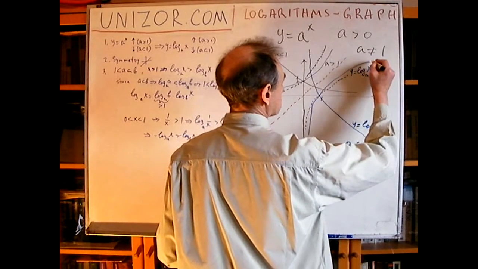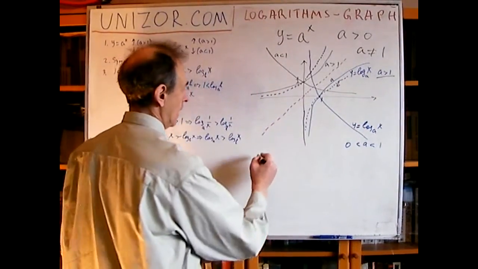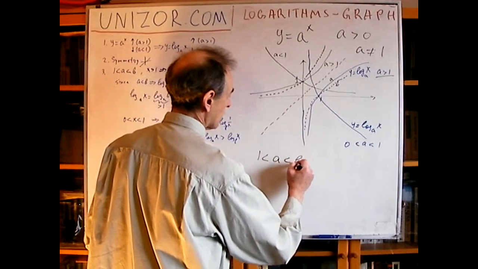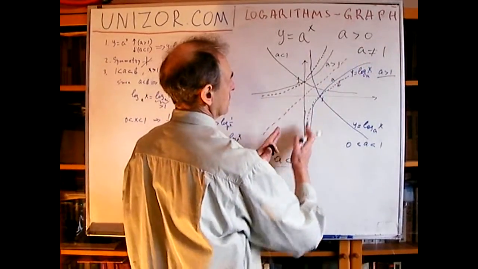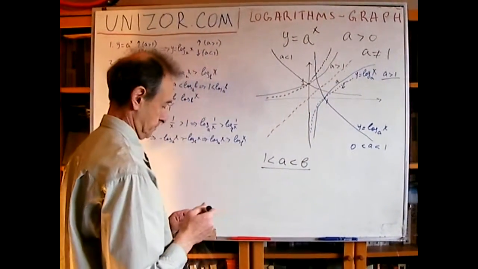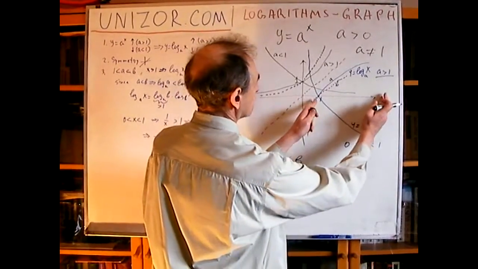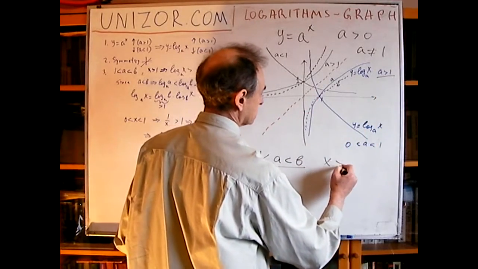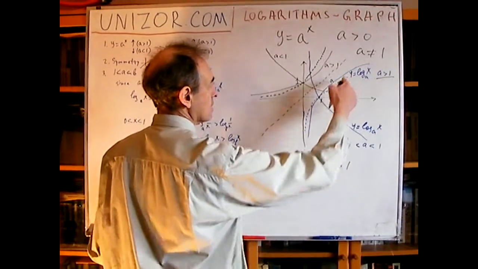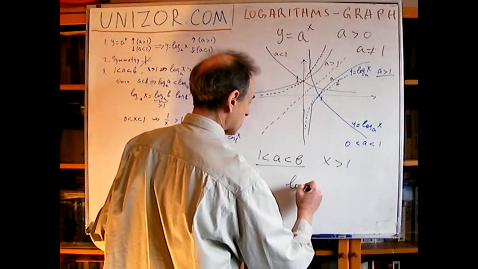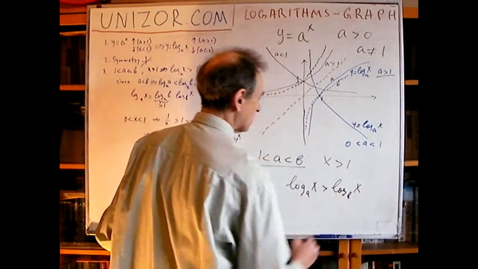I have this base, which is a, and this base, which is b. And b is greater than a, and both are greater than 1. So we are talking about the logarithmic function which is increasing. Also, I would like to consider first this particular interval, x greater than 1. And I would like to prove that under these conditions, the logarithm of x base a is greater than the logarithm of x base b. How can I prove that?